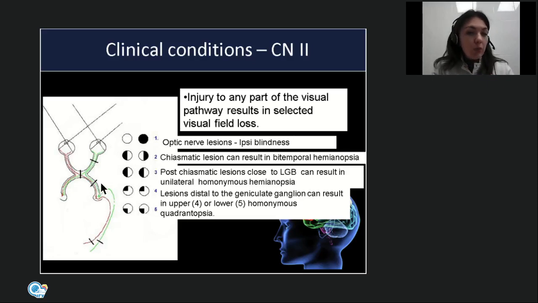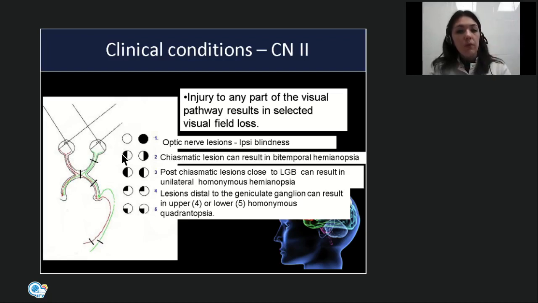A post-chiasmatic lesion, meaning a lesion of an optic tract close to the lateral geniculate bodies, can result in unilateral homonymous hemianopsia. So it means that we do not see anything that comes from the medial part of the contralateral, the opposite eye, and the lateral part from the same eye.